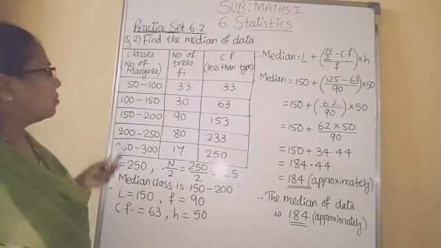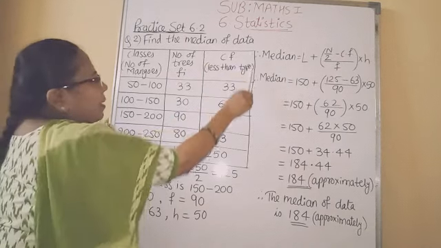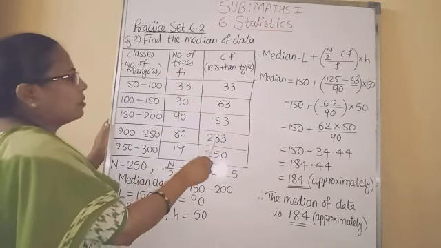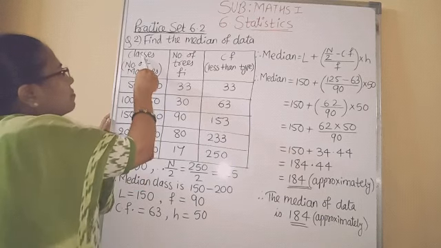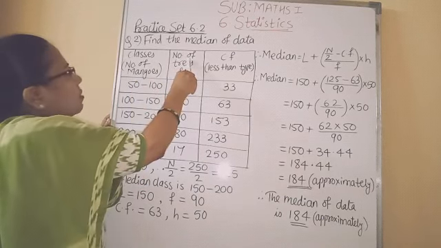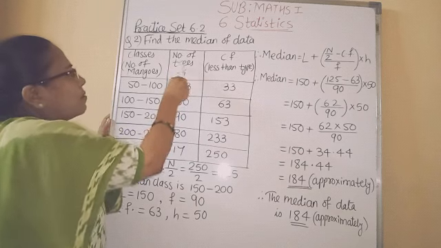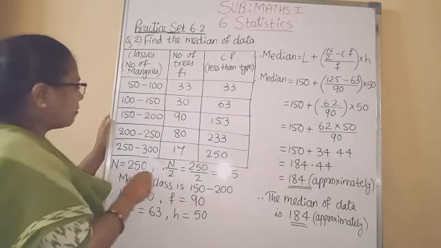Again as per our method, we have to prepare a table containing 3 columns. First column, classes, which represent number of mangoes. Second column, frequency, meaning number of trees. This is given in the question.